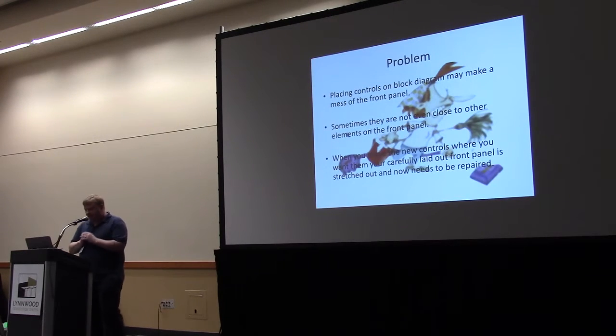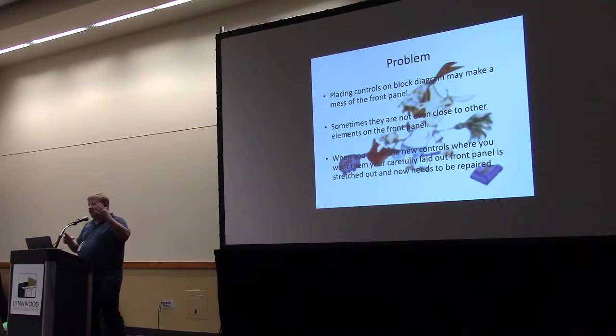Another problem. You're working in your block diagram and you place a control on your block diagram. It never puts it in someplace nice. Sometimes you're hunting a long way for it, and it messes up your screen.